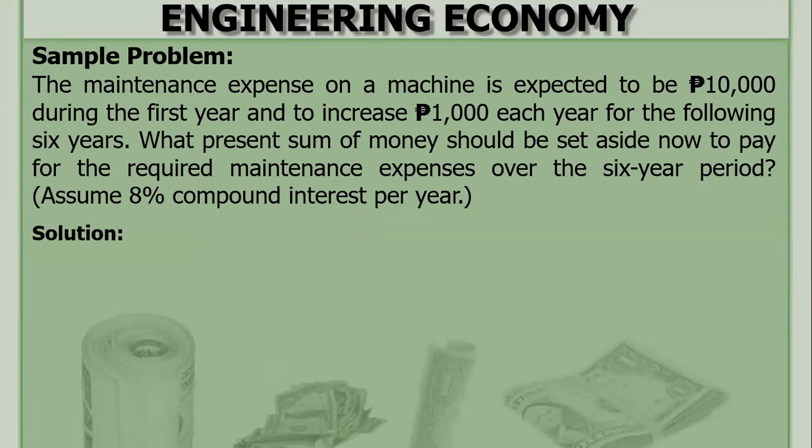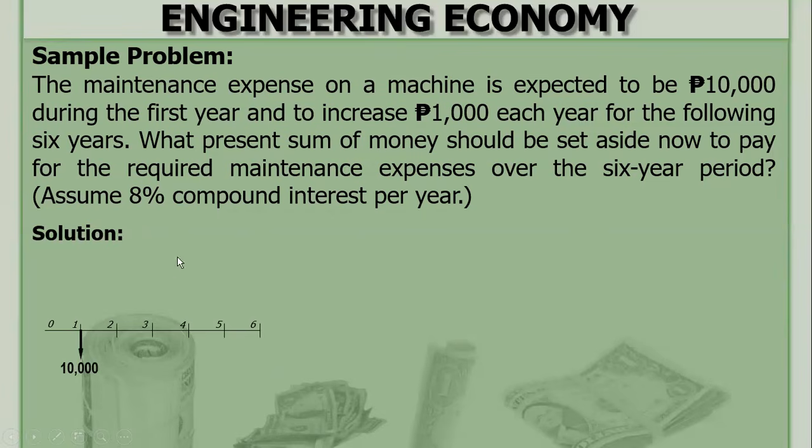Another one. The maintenance expense on a machine is expected to be 10,000 pesos during the first year, and to increase 1,000 pesos each year for the following 6 years. What present sum of money should be set aside now to pay for the required maintenance expenses over the 6-year period? Assume 8% compound interest per year.